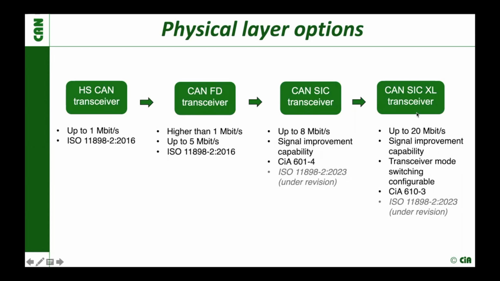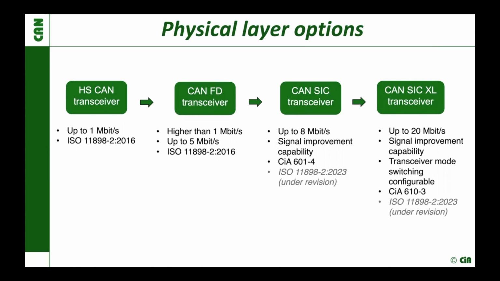And if you would like to transmit CAN XL frames, or you would like to transmit with a much higher bit rate, you can choose the CAN SIC XL transceiver. This is specified in the 610-3 document.